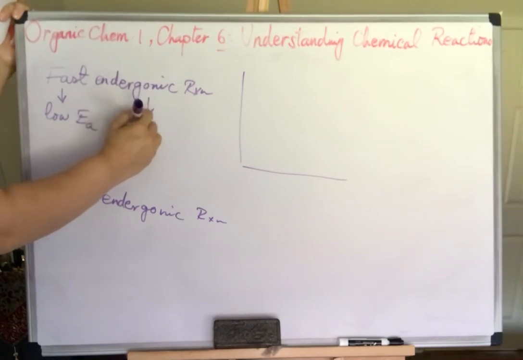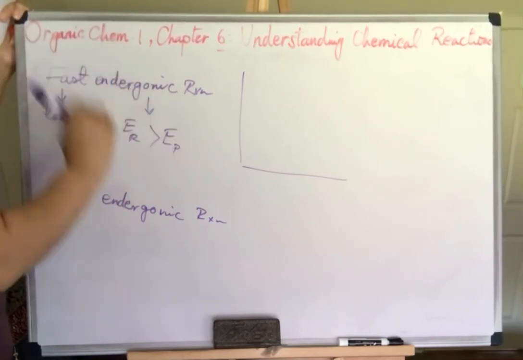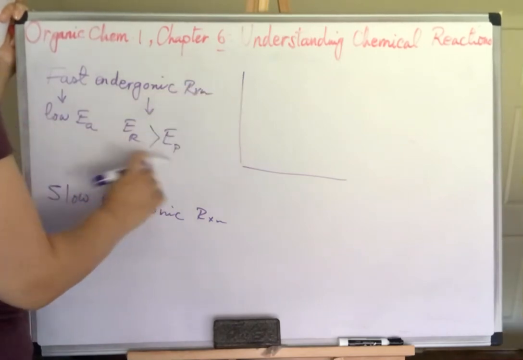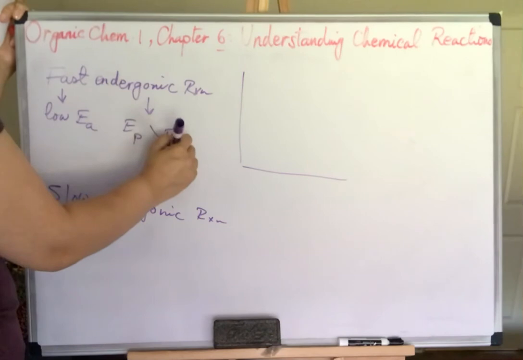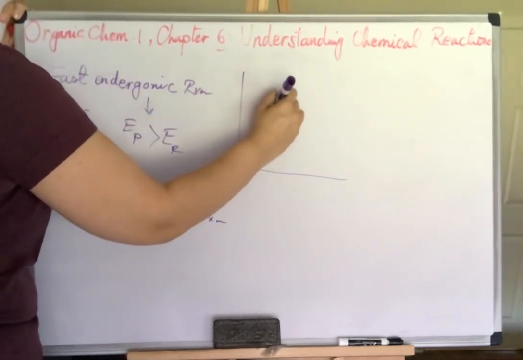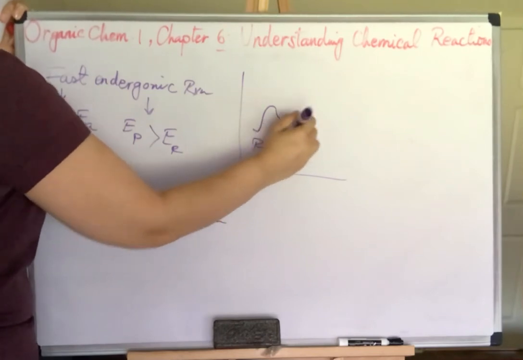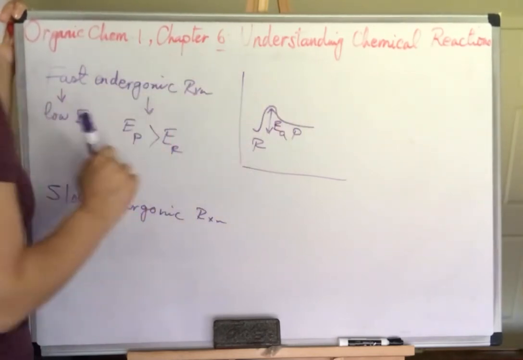Endergonic means the energy of products is going to be higher than that of the reactants. So you will have reactants, products, and again, not a very high activation energy.